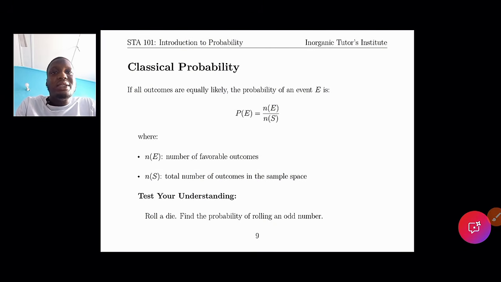Why? Because we assume each outcome is equally likely to occur. When you are tossing a coin, you know the chance of getting a head is the same as the chance of getting a tail. Yes, we say it's 50-50.